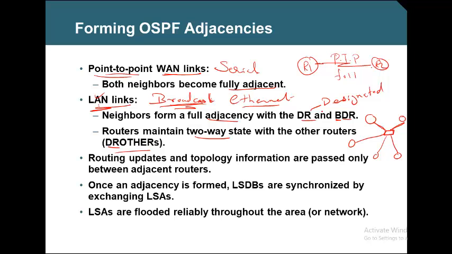This designated router and backup designated router is like, if I need to say a very good example, it's like a very good family. Husband, wife, child 1, child 2, child 3, child 4.